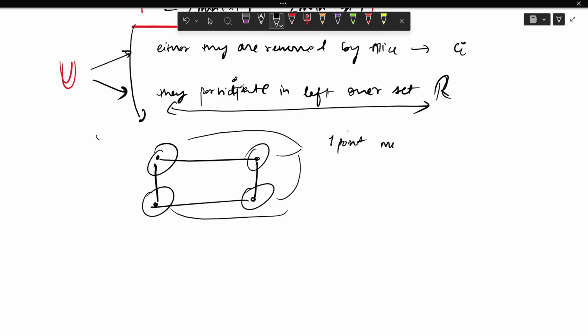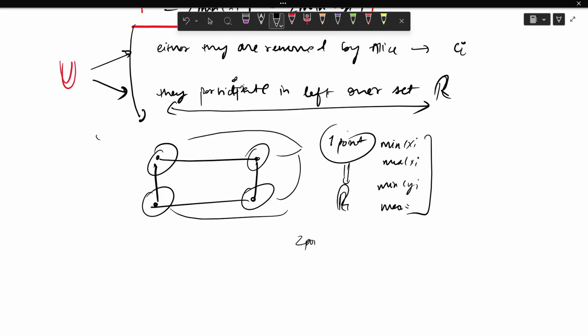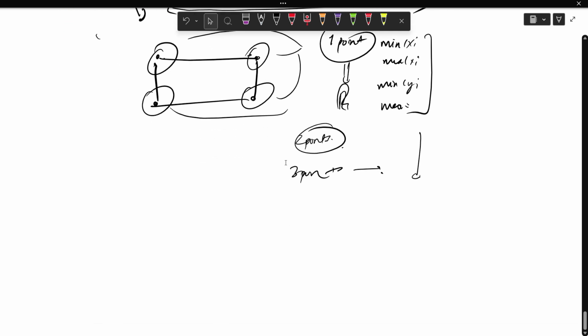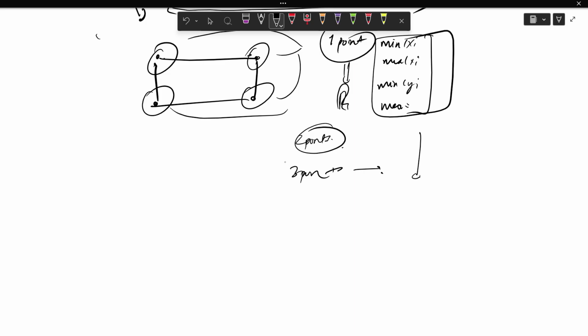Because when we calculate the minimum xi, the maximum xi, the minimum yi, and the maximum yi, when we have only one point that belongs to R, it contributes to all four of them. When we have 2 points, it may or may not contribute to two, three, four, or it may even not contribute to any of them. When we have 3 points, we'll have a similar candidature, and this goes on. So each point can be a candidate, and we can calculate that by going through a set of particular points.